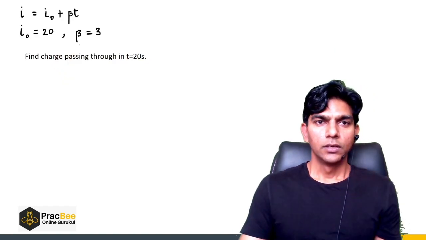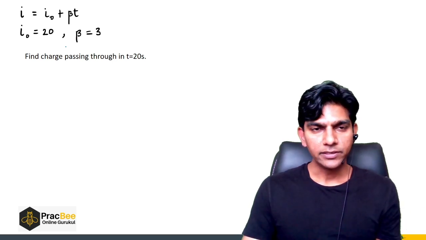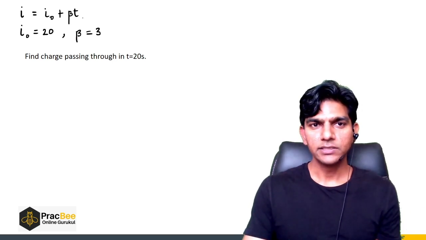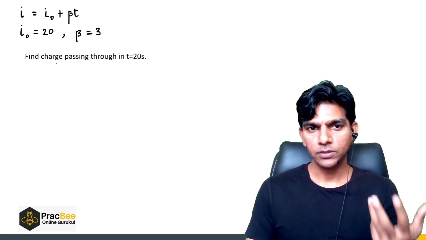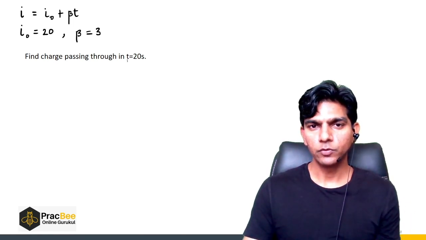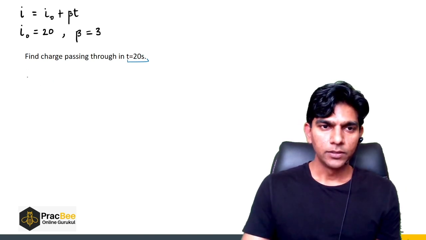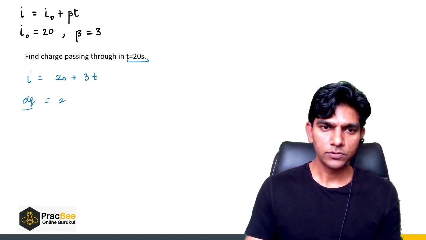Next. This question is from current electricity. Again, very basic question. Current is given to us as a function of time, and we have to find how much charge has been passed through the conductor in 20 seconds. So I is given as 20 plus 3 times t. So we can write I as dq by dt. So dq will be 20 plus 3t times dt.